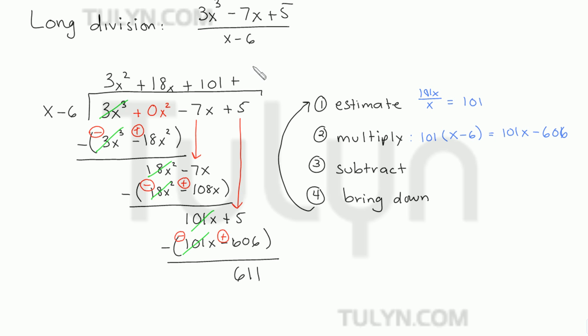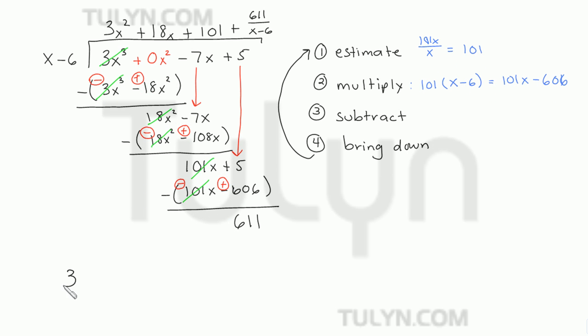How we write our remainder is to put the remainder term over what's outside the house, or the original denominator. So our final solution is 3x squared plus 18x plus 101 plus 611 over x minus 6.